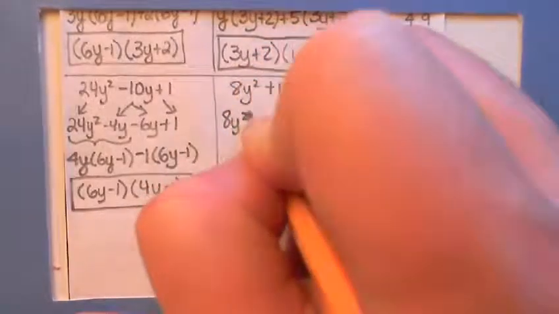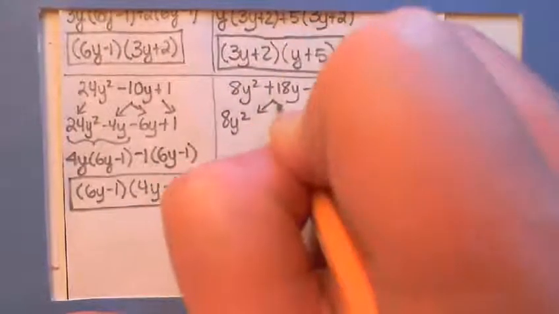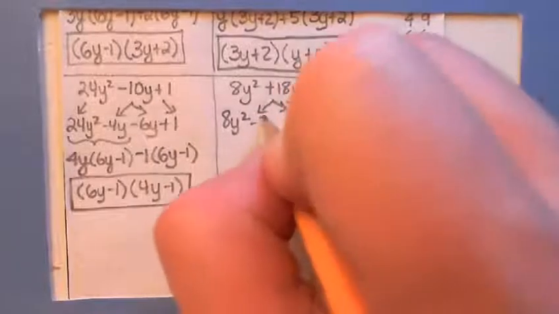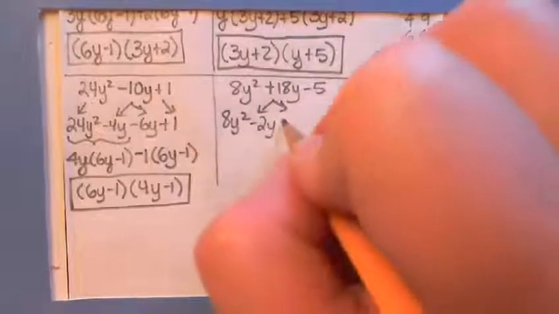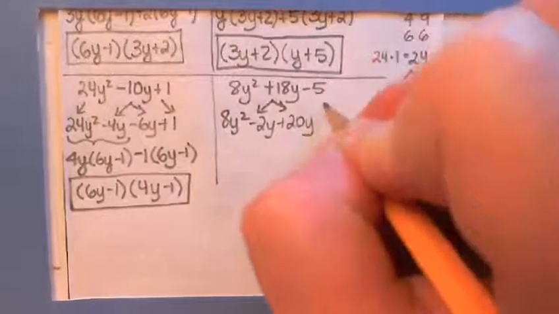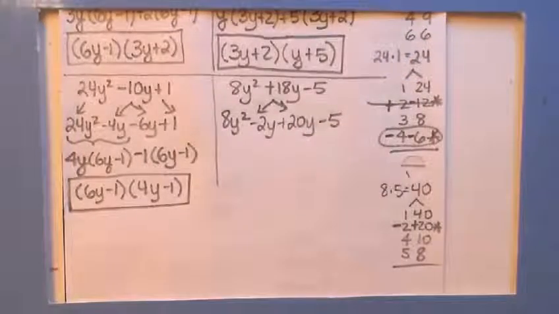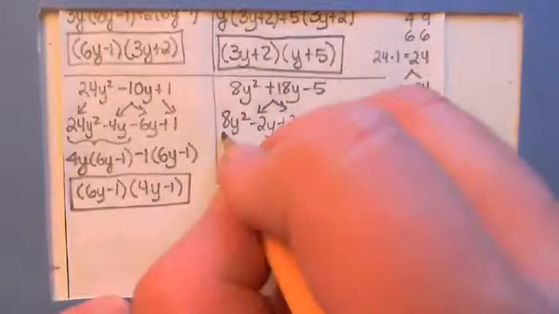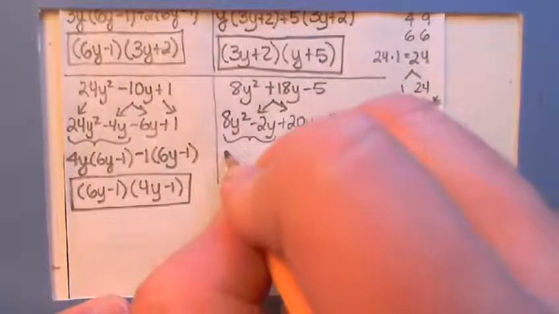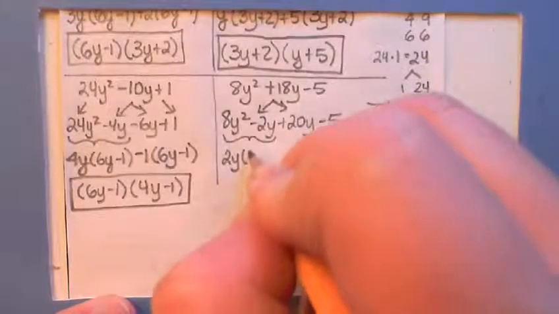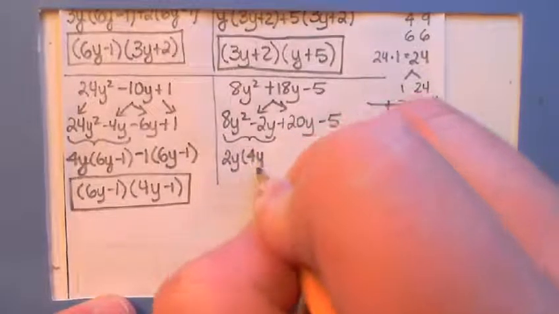Copy the first term. Split the middle term as negative 2y plus 20y. Copy the last term. Alright. Now we're going to group them. So this would be 2y times 4y minus 1.